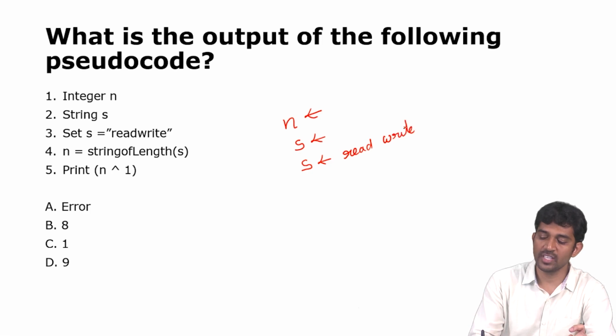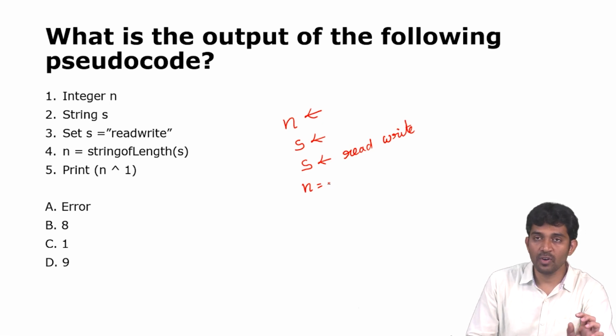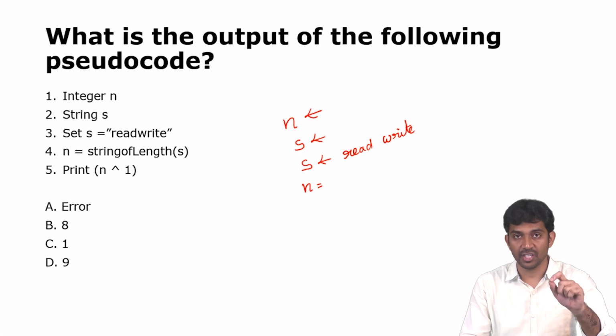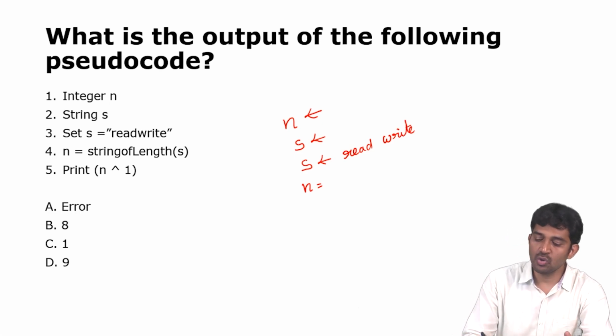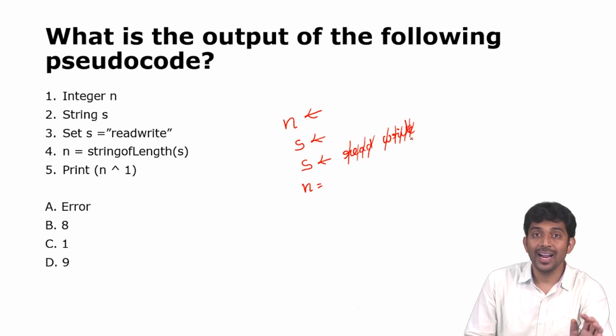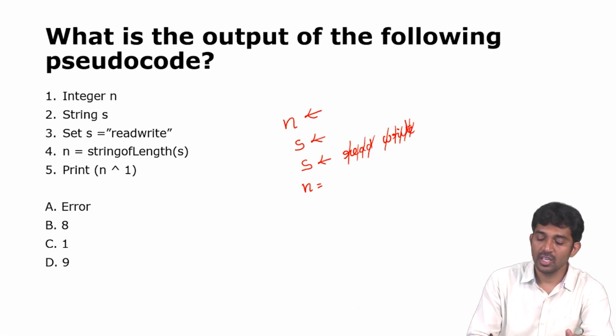This is one string, with no space between those words. Next, n equals the string length function, which gives how many characters are in the given string. How many characters are there? 1, 2, 3, 4, 5, 6, 7, 8, 9. There are 9 characters, so the n value is 9.